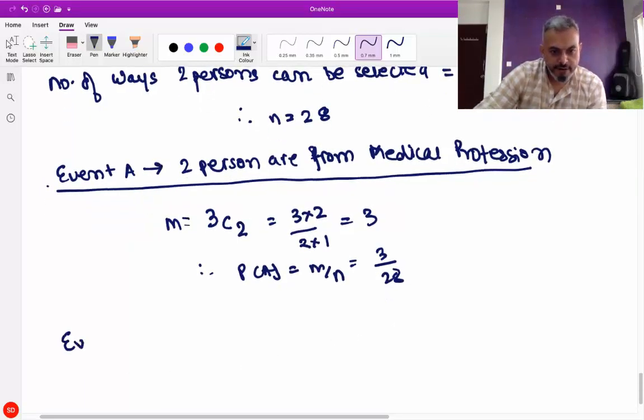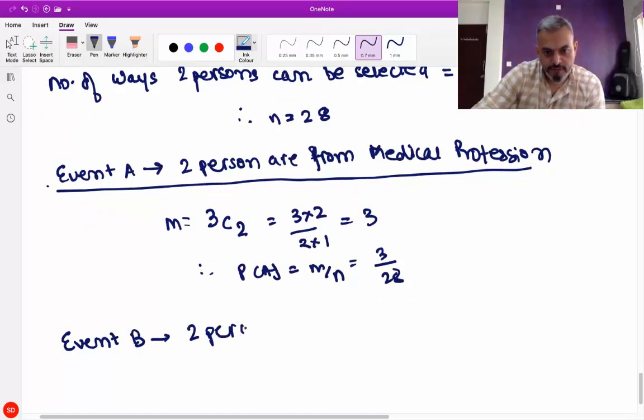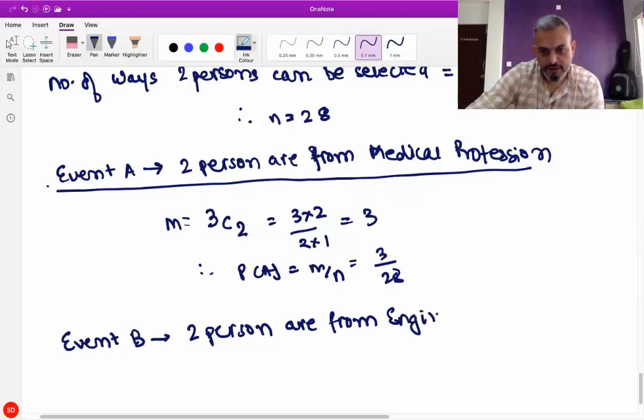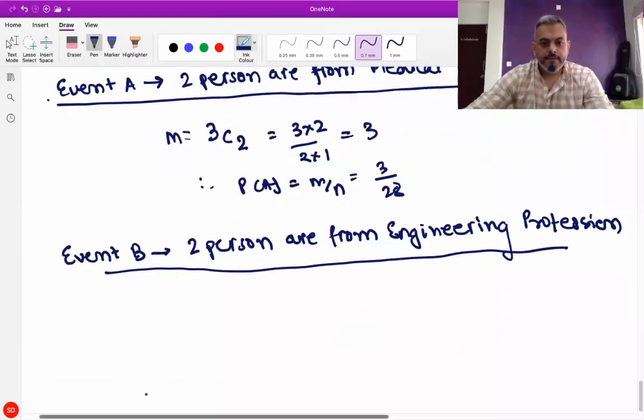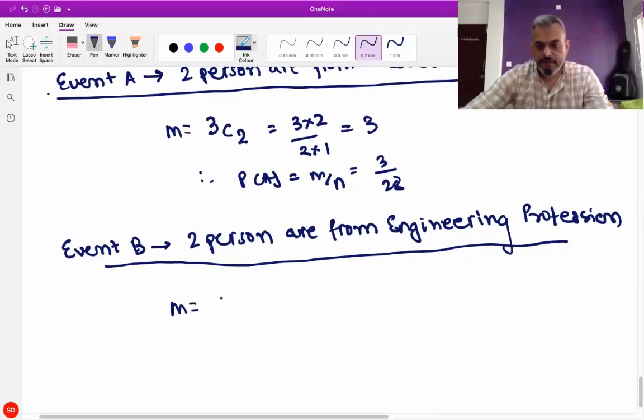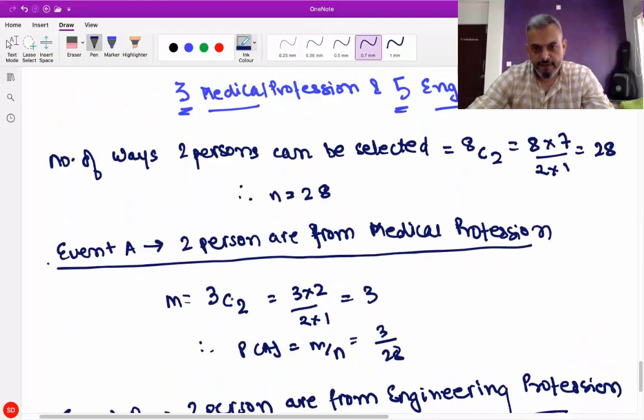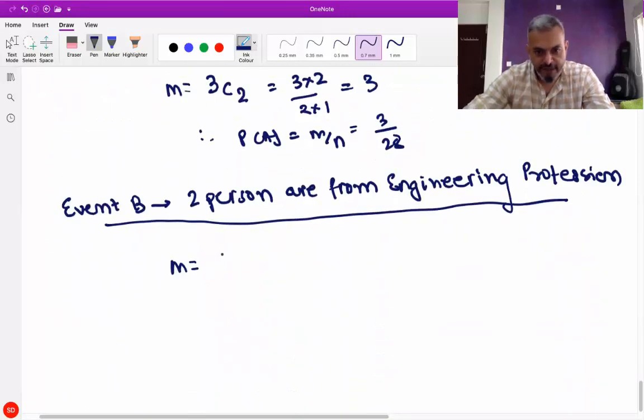Then event B denotes two persons are from engineering profession. m is the number of outcomes favorable to occurrence of event B. So in engineering profession, 5 choose 2.